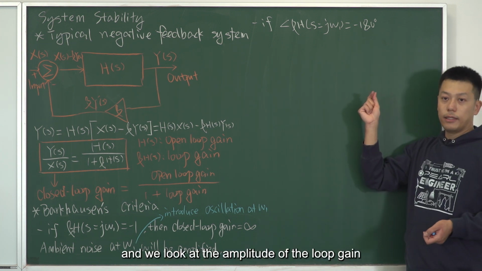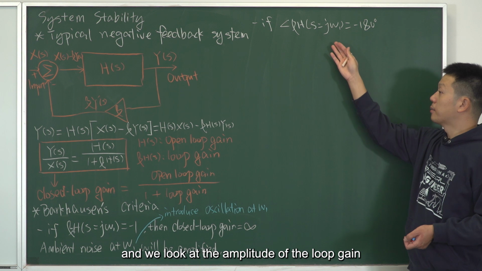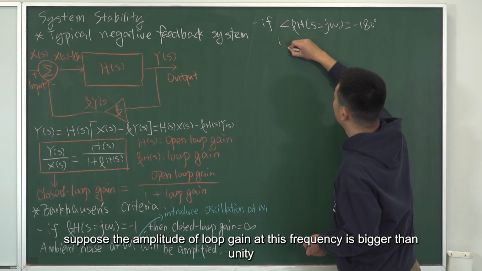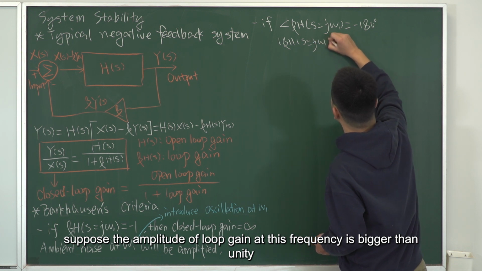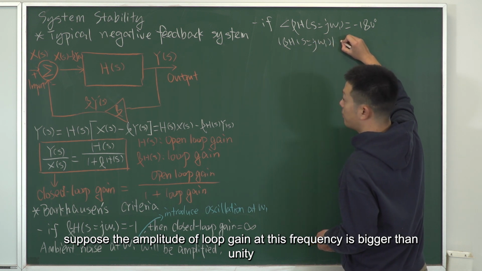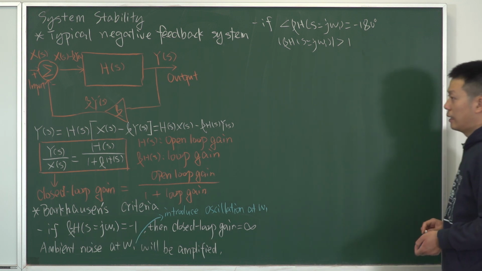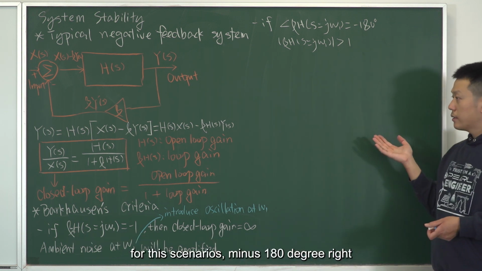And we look at the amplitude of the loop gain. Suppose the amplitude of loop gain at this frequency is bigger than unity.